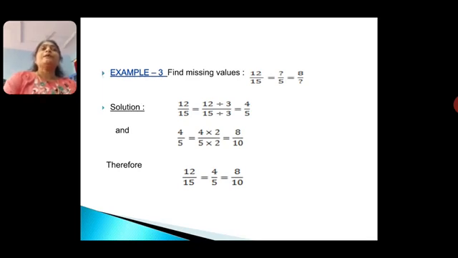Next example, find the missing values: 12 by 15 equals missing value by 5 equals 8 by missing value.